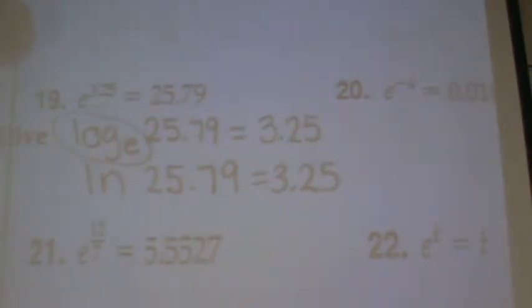Number 20. E to the negative 4th power is equal to 0.0183. Can I just write ln? Because that's log base E. ln of 0.0183 equals negative 4. Number 21.